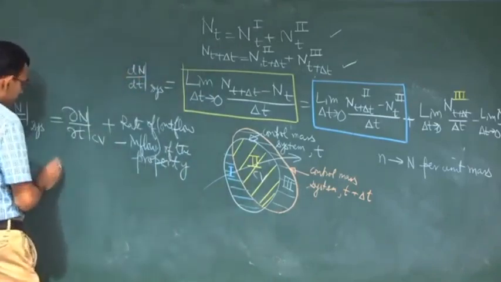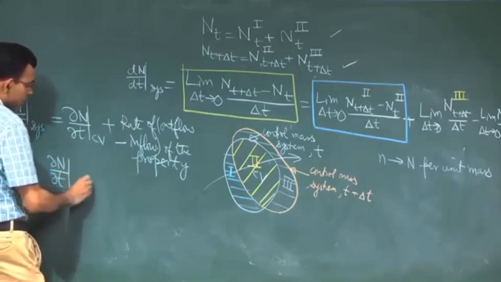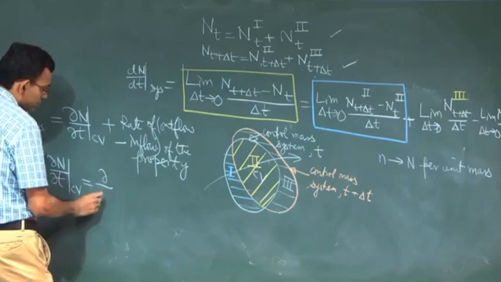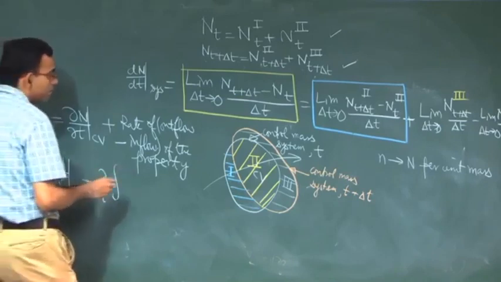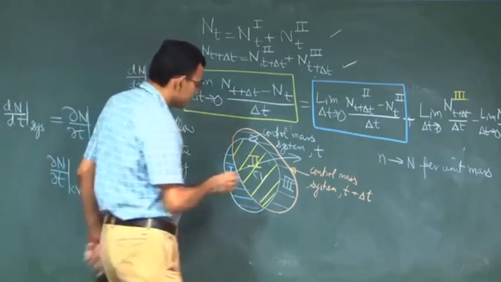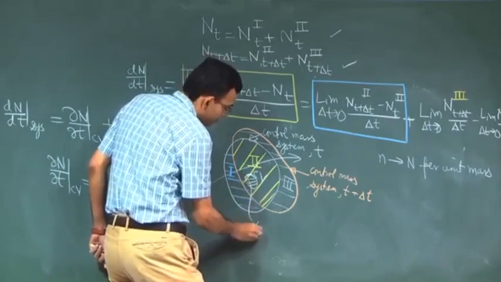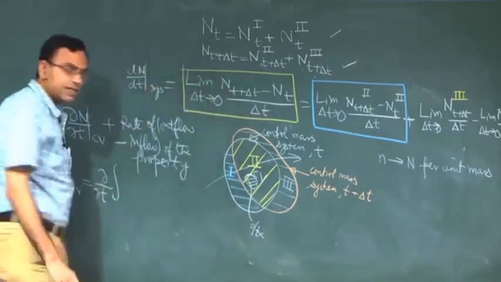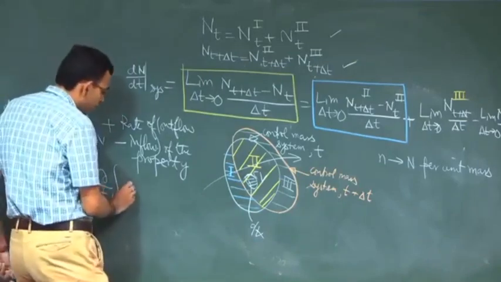So, you can write: let us take a small volume element within the control volume, dV. What is the mass of the volume element? Rho into dV.